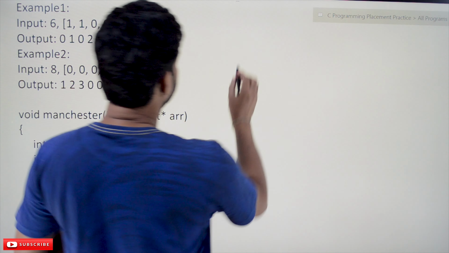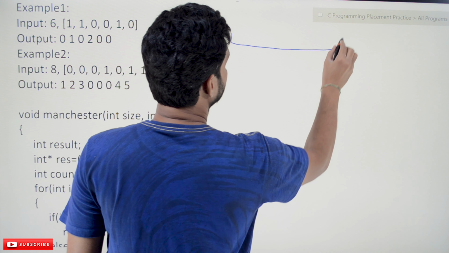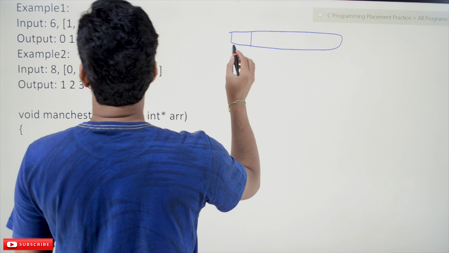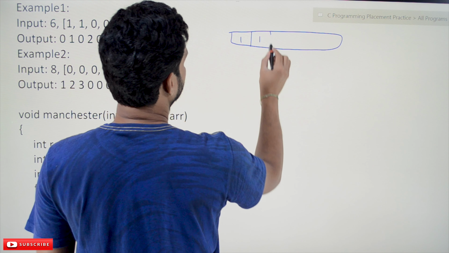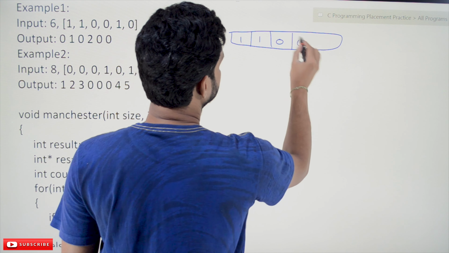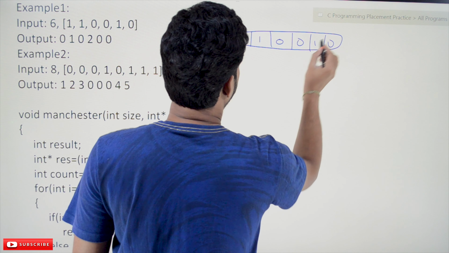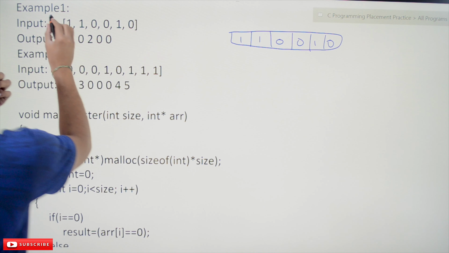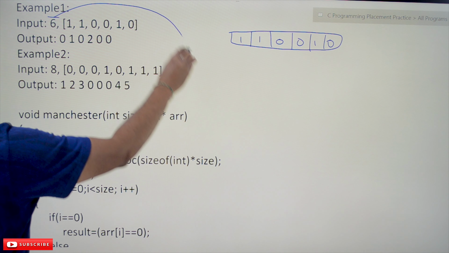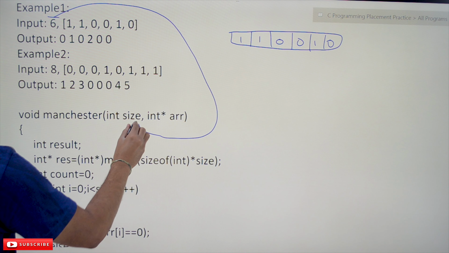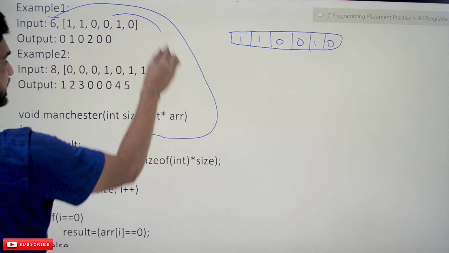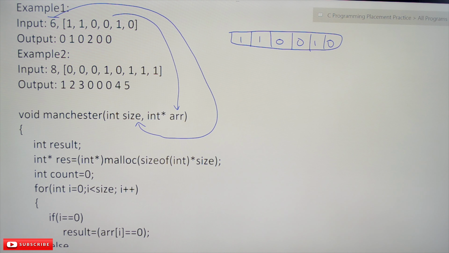This is the array that is given. This array has the elements 1 1 1 0 0 1 0, and it has 6 elements. The input 6 is provided to the function as the size, and this array is provided as the array.